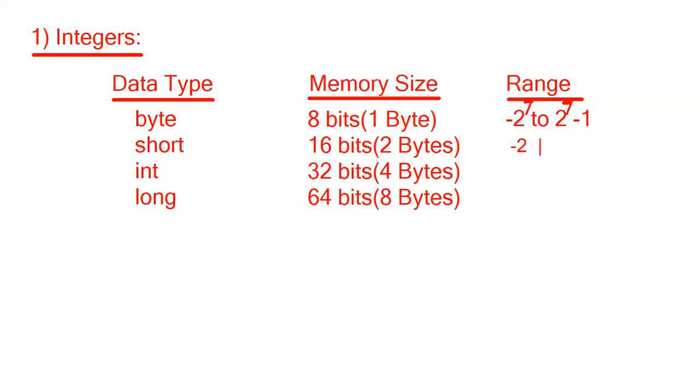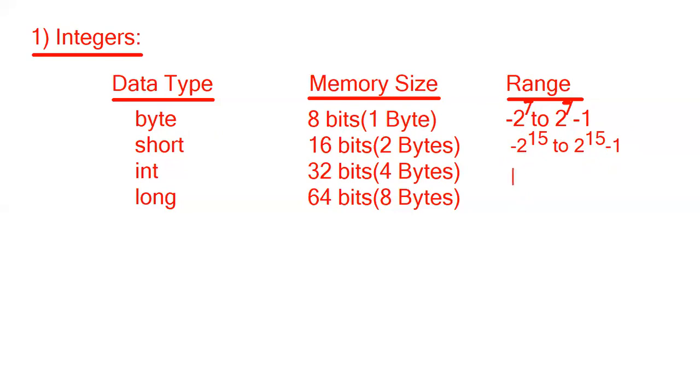See, it is first one byte, minus 2 to the power of 7 to 2 to the power of 7 minus 1. Short, minus 2 to the power of 15 to 2 to the power of 15 minus 1.